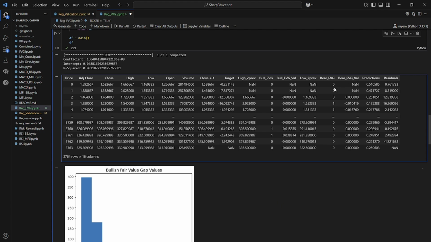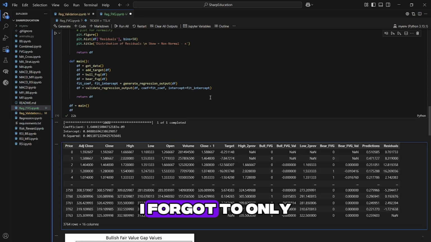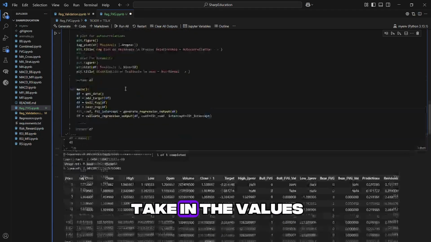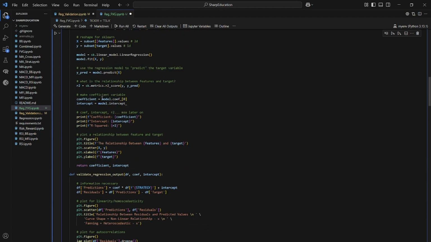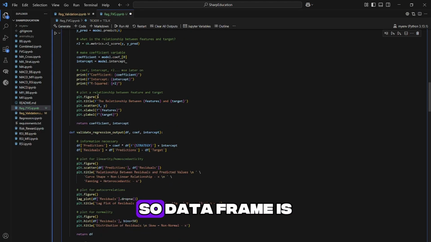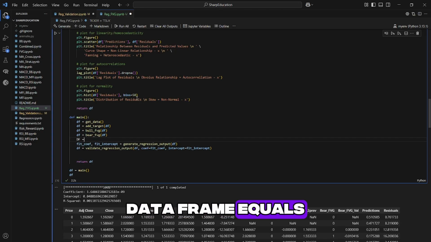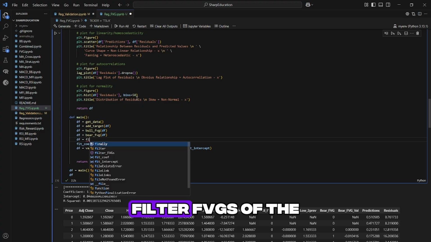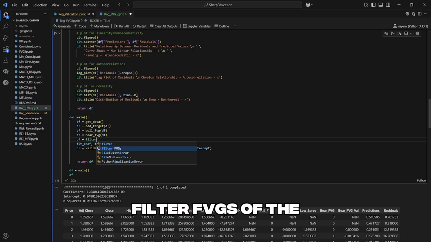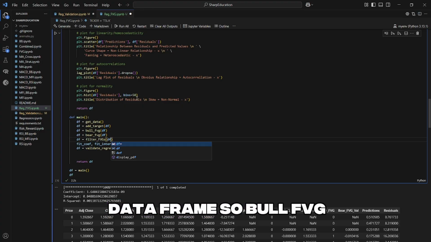when I forgot to only take in the values that we set this up. So data frame is going to be filter fair value gaps. Data frame equals filter FVGs of the data frame.